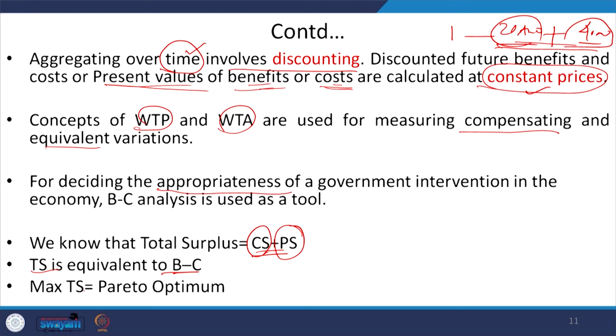And when we maximize the total surplus from a particular policy, in that sense this condition is the Pareto optimum condition. So, this is the background of the logic, the rationality as well as the history and theoretical underpinnings that are taken into account in order to exercise the tool of cost benefit analysis.